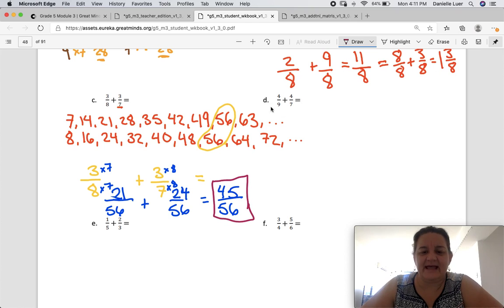Okay, and D, 4/9 and 4/7. I'm going to give you kind of a cheaty way to do it here. I'm just going to multiply these two. Instead of going through the whole process of finding common denominator by skip counting, I'm just going to multiply the two numbers by each other.